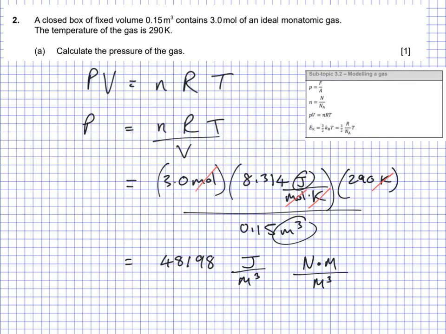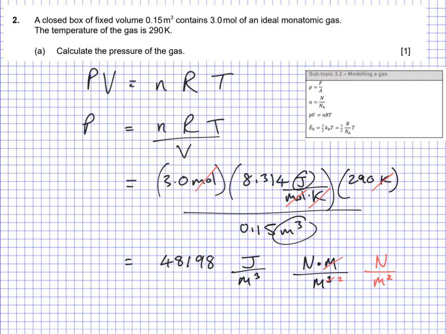And so hopefully you can see we can cancel this and give ourselves a square, and this is starting to look a bit like a pressure, because it's now going to be newtons, which is a force, per meter squared, which is a surface area. So that's the force pushing on a surface area. In fact, that there is our pascals for a pressure.